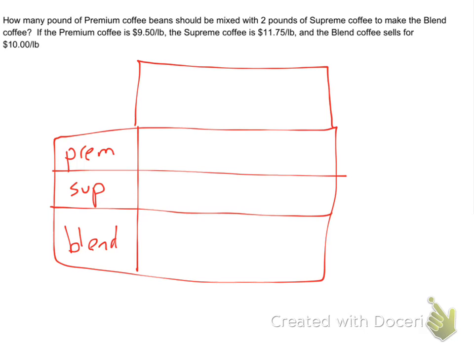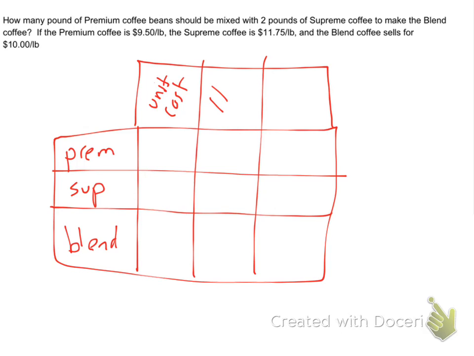So therefore, it's like the last problem where you're going to need 3 columns, where you're going to have your unit cost or price, you will have your poundage, and total cost.